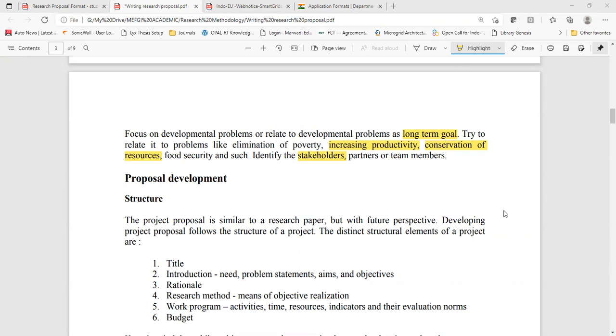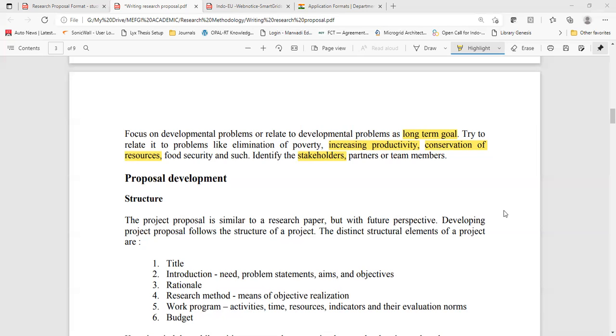Faculty is already there, and we are employees. The faculty is one of the stakeholders. Students are major stakeholders. Apart from that, local community.